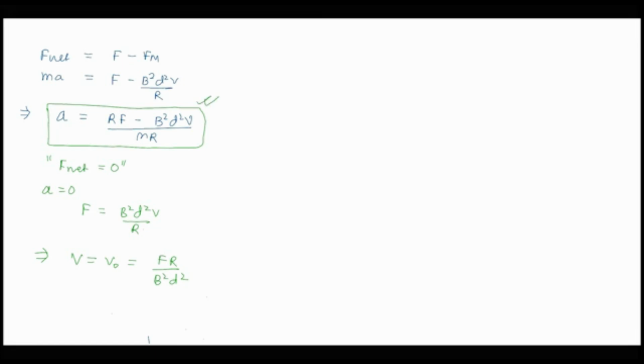I can say that acceleration a can be written as dv by dt, and we equate it with (RF minus B²D²V) upon mR. So from here we write dv upon (RF minus B²D²V) is equal to dt upon mR.